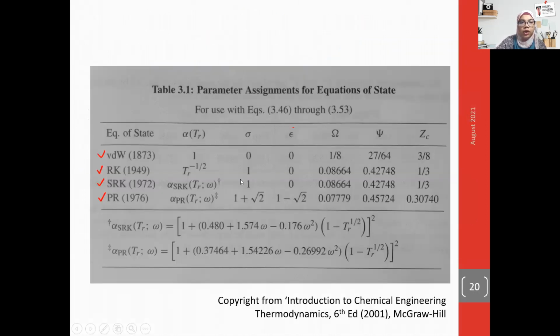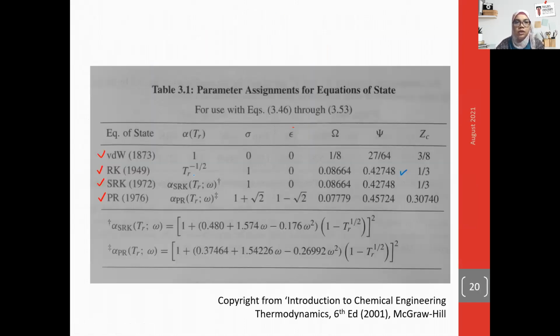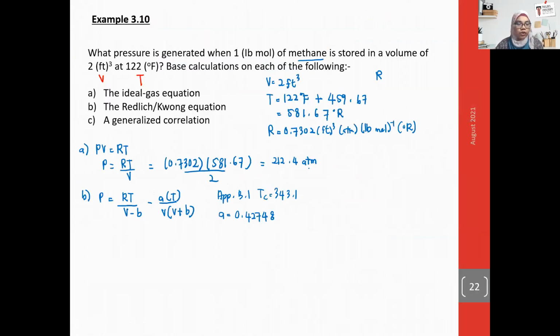So I just insert, okay, for RK here, we may have this value, and then use this equation. You need to insert the alpha here. Alpha is TR to the power of minus 1/2, where TR is T over TC. So we have T here over 343.1, which gives the value of 1.9695.